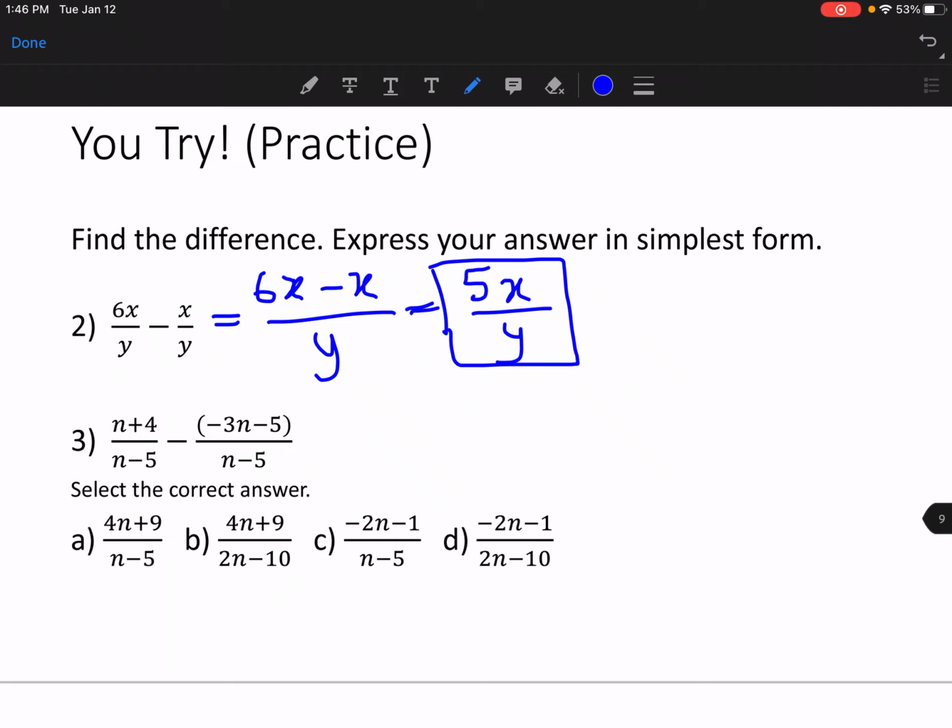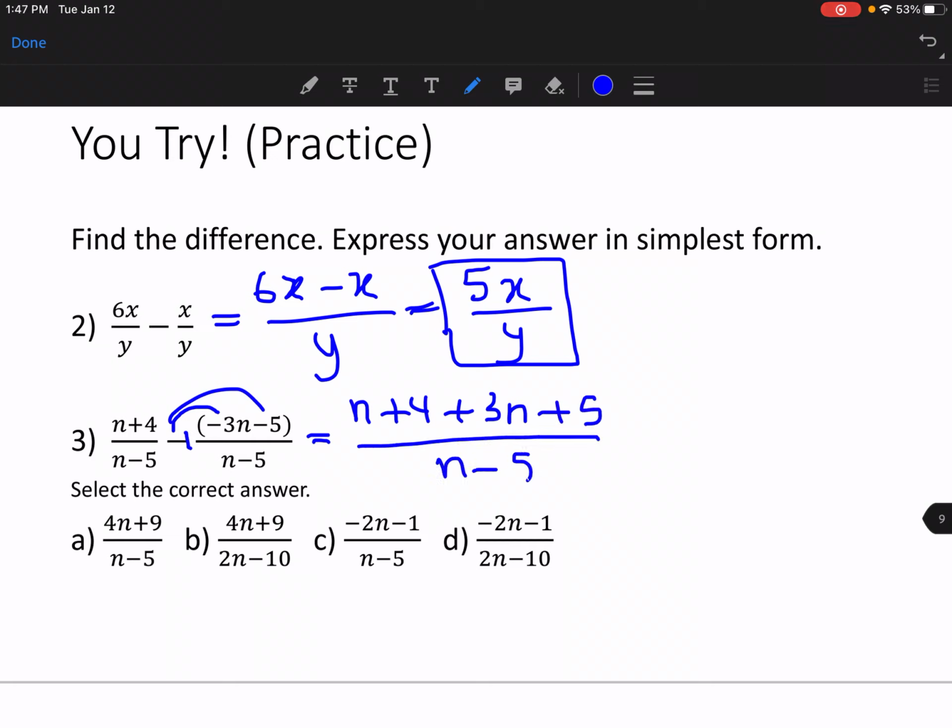And then for number 3, I have n plus 4 over n minus 5, subtract negative 3n plus 5 over n minus 5. So we have n plus 4. I have this negative right here, so we're going to distribute that. Again, there is a 1 understood to be there. Negative 1 times negative 3n is a positive 3n. Negative 1 times negative 5 is a positive 5, all over n minus 5.